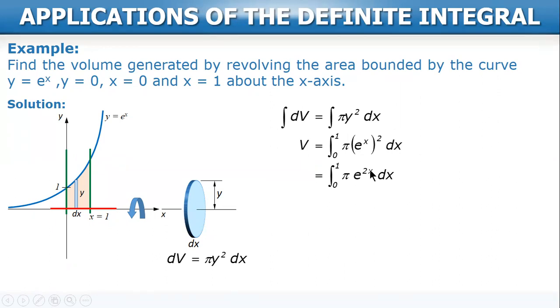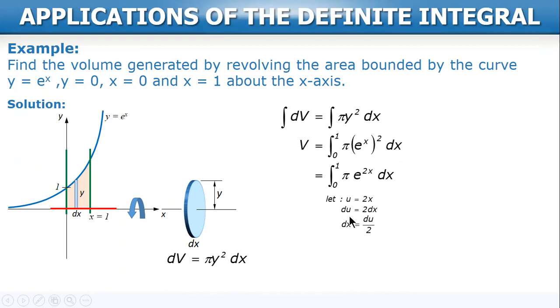So the technique that we are going to use is change of variable, the u substitution. Let u equal 2x, du equals 2 dx. Solving for dx, dx is du over 2. Since we change the variable from x to u, we will also change the limits.